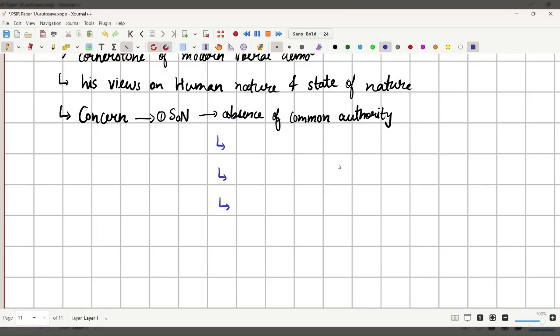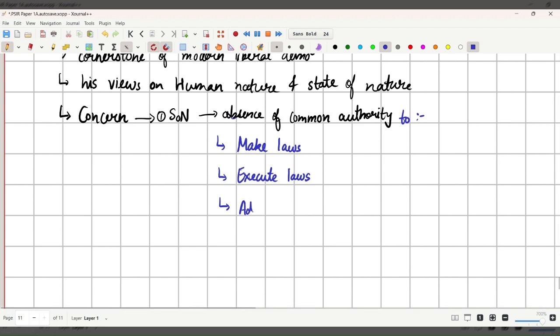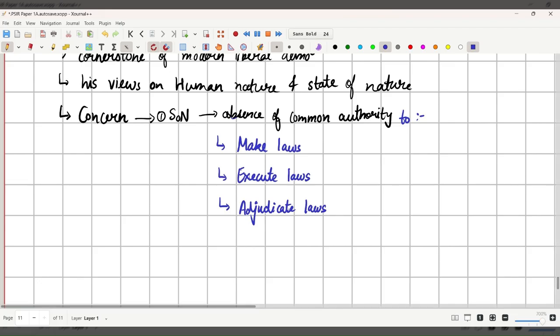In the state of nature, there is no common power to make laws, which is the legislative function, to execute laws, which is the executive function, and to adjudicate laws, which is the function of the judiciary.